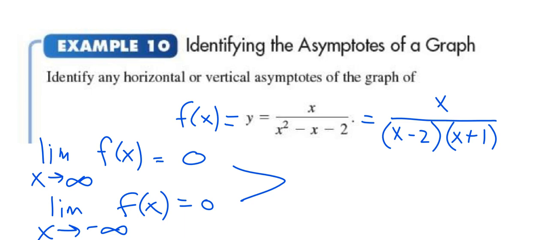What did we find out? We found a horizontal asymptote, didn't we? At what? Limits are what, x values or y values? Y values. So what's the horizontal asymptote? Y equals 0. That's true.